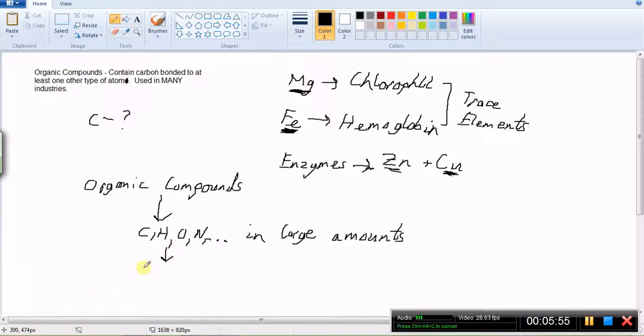But then they also contain magnesium, iron, copper, cobalt, in tiny amounts.